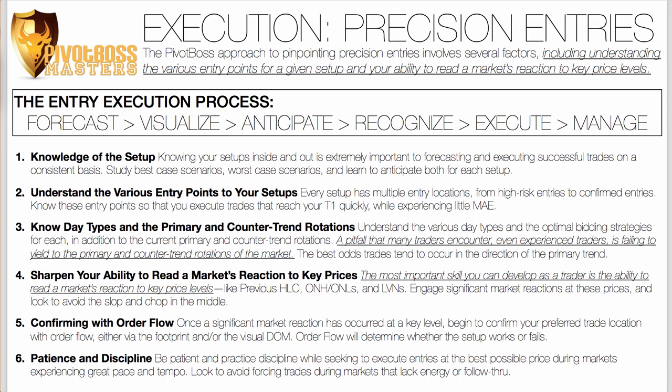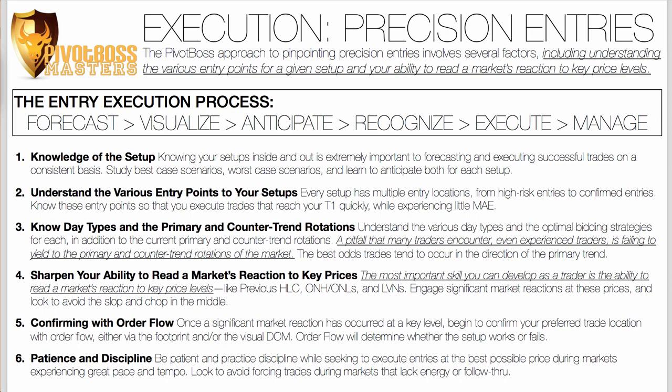Forecasting is all about developing the ability to forecast where price may be headed next, and specifically looking for future prices where the market may encounter rejection, right? So if the market may encounter rejection at the previous session's high, then that's a level that we need to pay attention to as the market approaches that level.